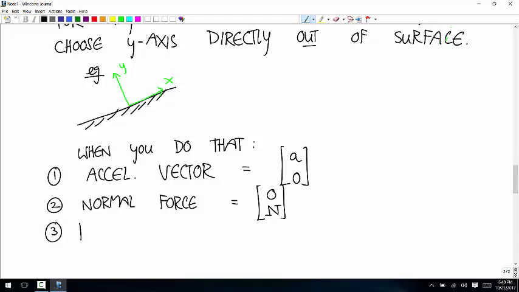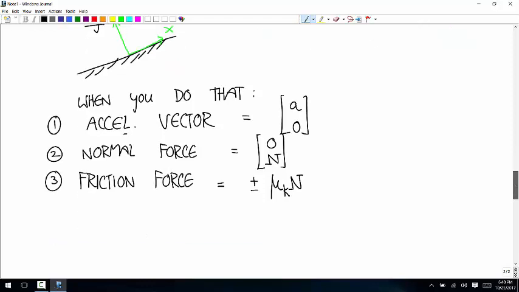And the friction force, this one can be positive or negative, so you have to choose that depending on the problem, but it'll always be plus or minus the coefficient times the normal force for the x component, and then 0 for the y component.